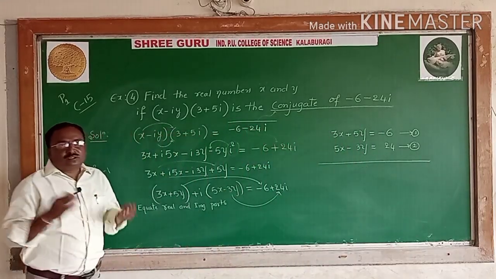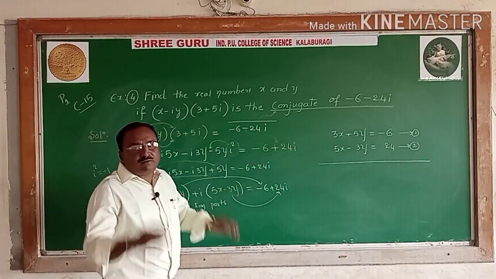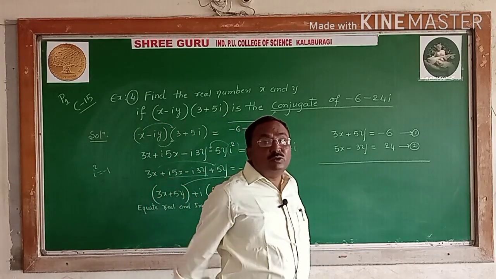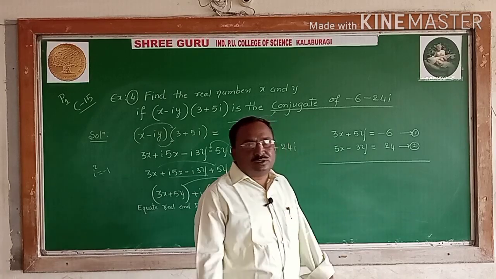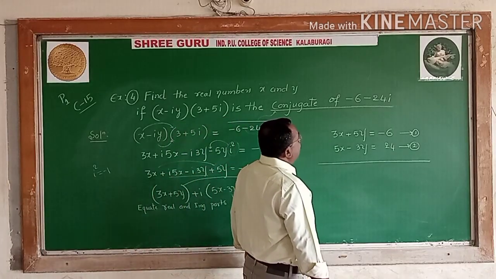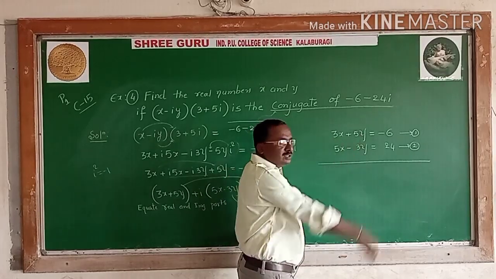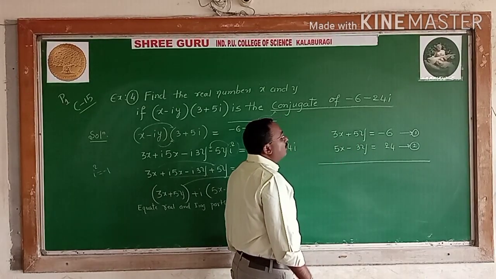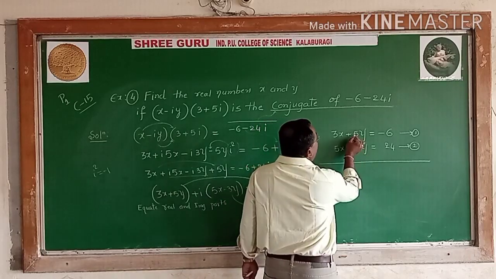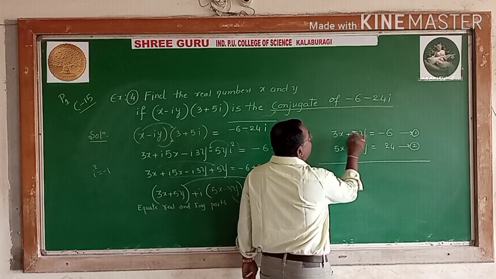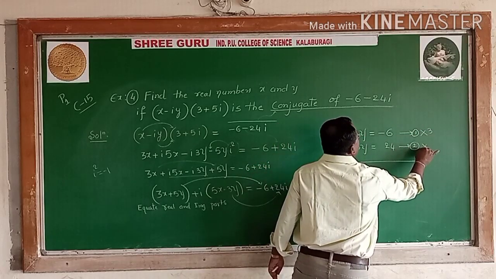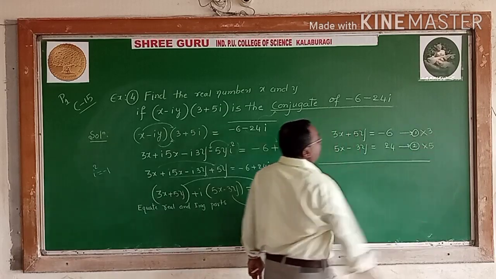Solve two equations, two unknowns, x and y. We know this already from 10th standard. If any one of the unknowns gets cancelled, that is plus 5y and minus 3y, multiply oppositely: equation 1 by 3 and equation 2 by 5.